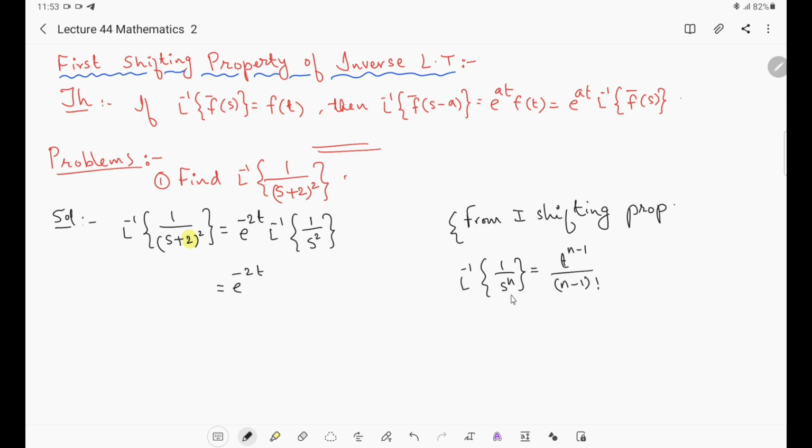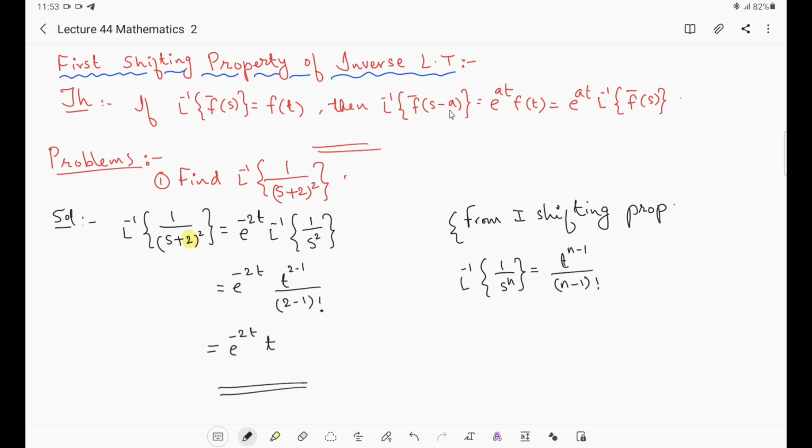Here n is 2, a positive integer, so apply this formula. We get t power 2 minus 1 by (2 minus 1) factorial. So e power minus 2t into t power 2 minus 1, which is nothing but t, and (2 minus 1) factorial is 1 factorial. So the answer is t into e power minus 2t. This is the inverse Laplace transform of 1 by (s plus 2) whole square. For solving this kind of problem, we have to use the first shifting property.